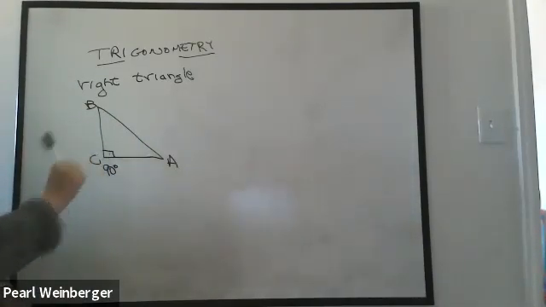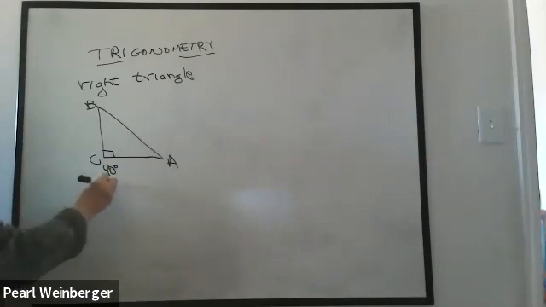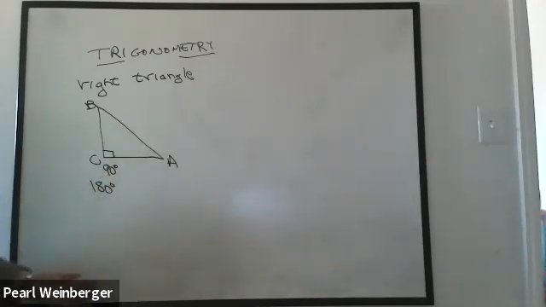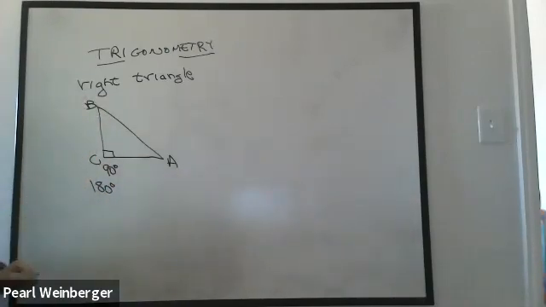Now, we mentioned that angle C is a right angle. It's 90 degrees. In any triangle, it doesn't have to be a right triangle, all three angles of the triangle will add up to 180 degrees.